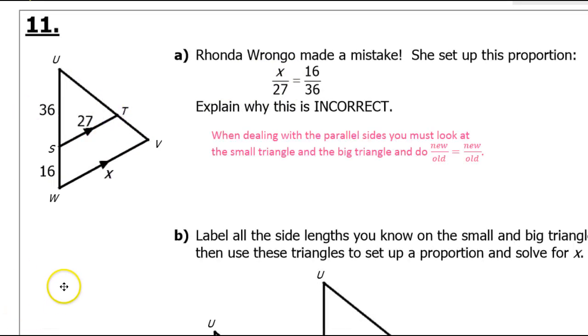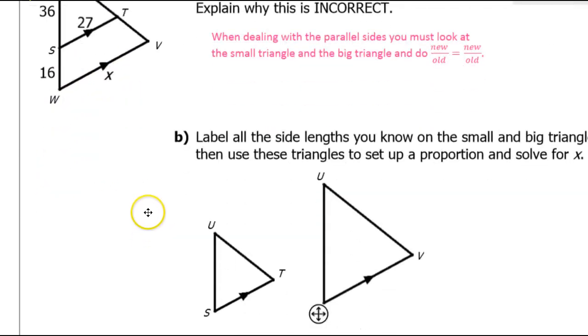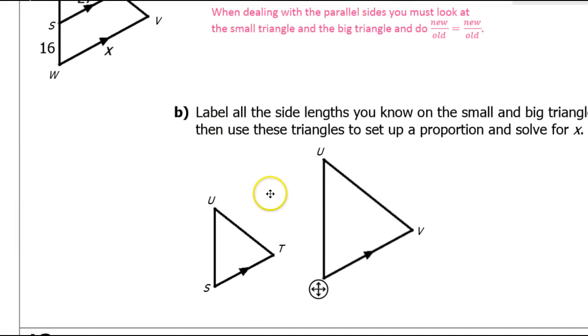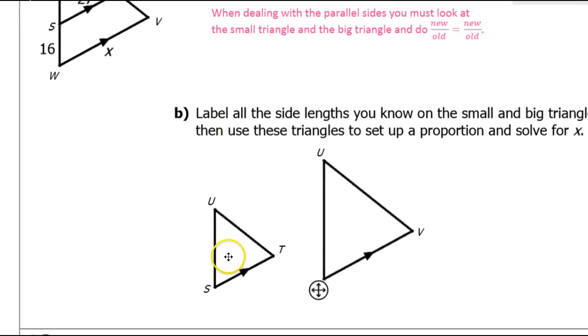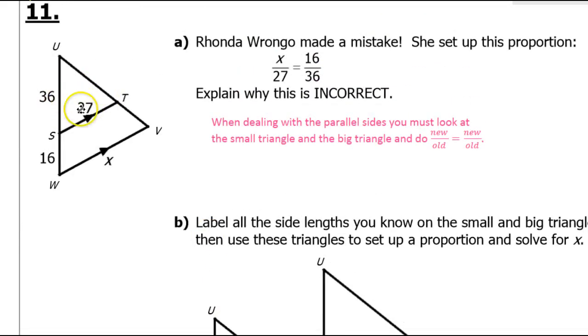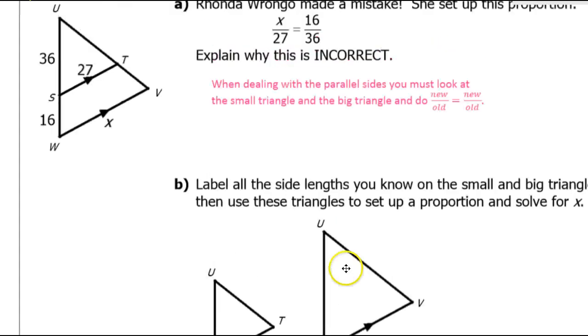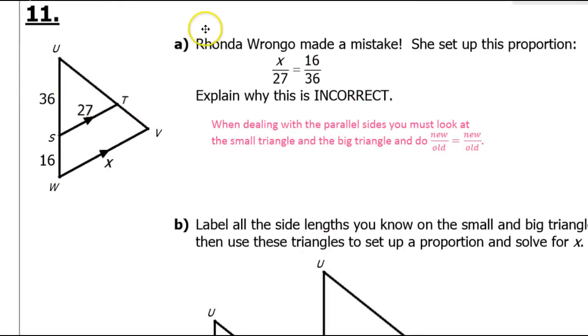The thing is, when you're dealing with the parallel sides, you need to look at the small triangle and the big triangle separately and do new over old equals new over old. So let me show you what I mean down here. So this is the small triangle that's right up here, and this is the large triangle that represents the entire shape.